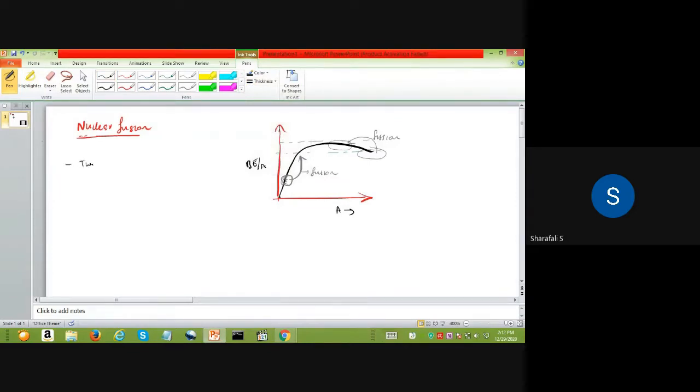So I will just write here: two lighter nuclei, or you can say two nuclei having very small mass number.